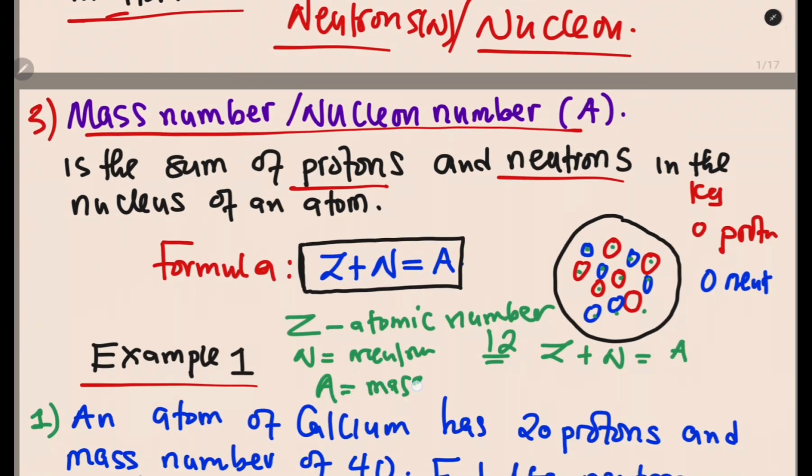Meaning when you want to find the mass number, you are going to add the protons and the neutrons, but you should be able to go around using this formula in case you're asked to find the atomic number given the neutrons and the mass number. Is that okay? Up to this point, I believe you've been following.